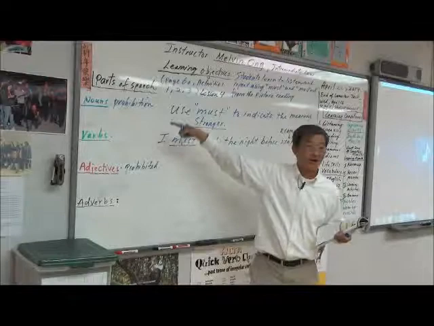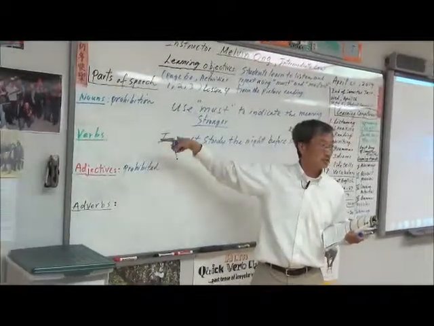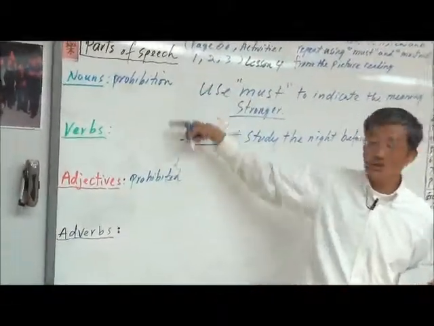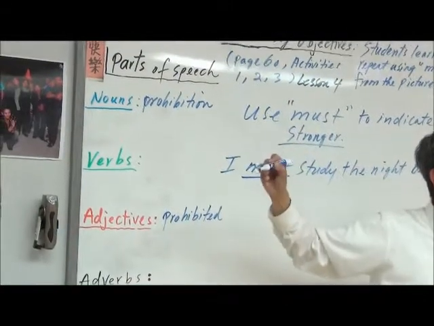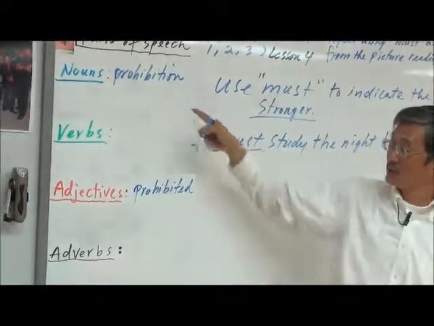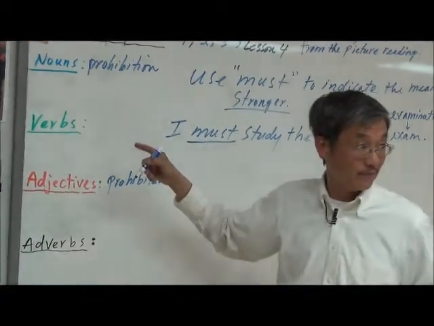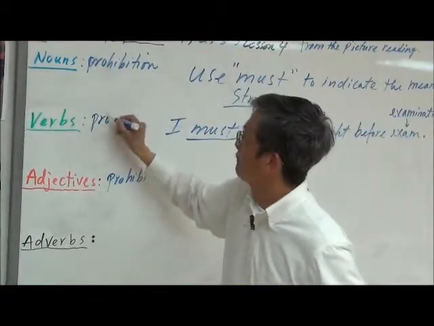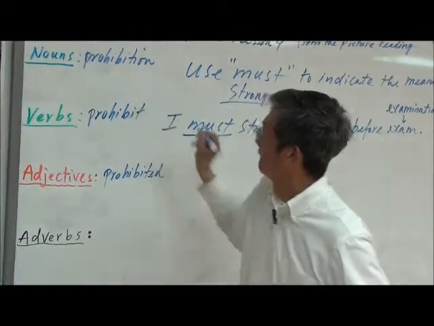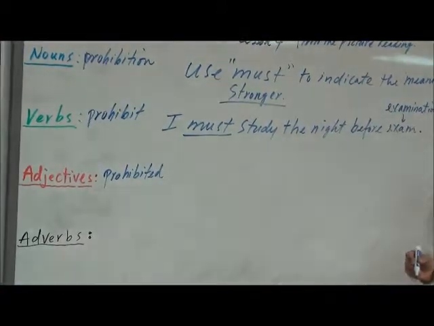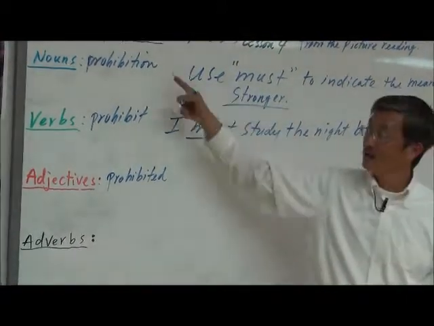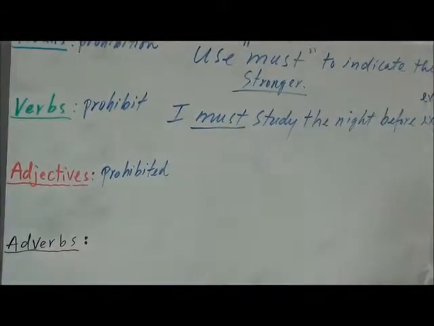So as you can see, the part of speech is also important for you to know, so that you know which word you should use in your sentence. Also prohibit can be a verb, correct? One is a noun, one is a verb, one is an adjective.